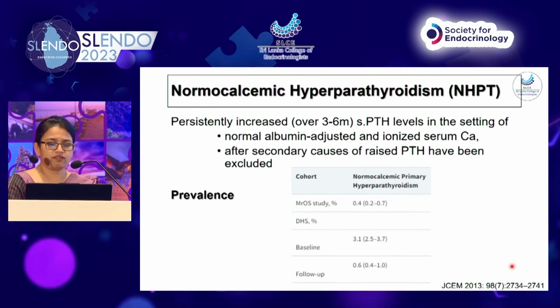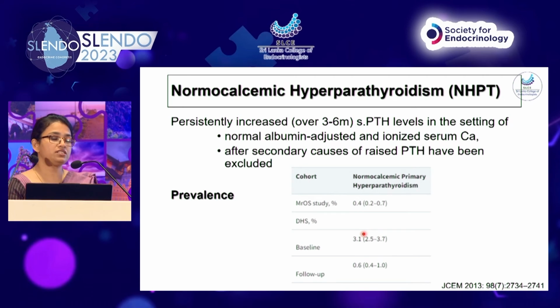And prevalence-wise, this is a nice study just to show the importance of persistence. The Osteoporotic Fractures in Men study, the MrOS study, has shown a low prevalence of 0.4% in this normocalcemic primary hyperparathyroidism group. Whereas DHS, that is the Dallas Heart Study, initially at baseline showed 3.1%.